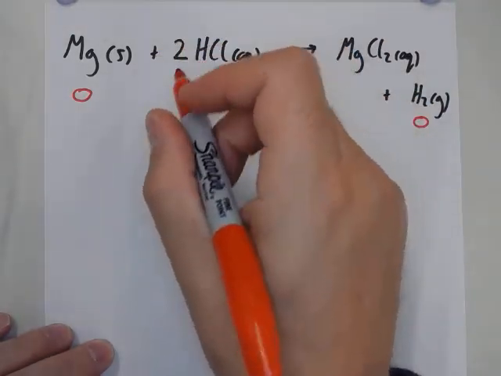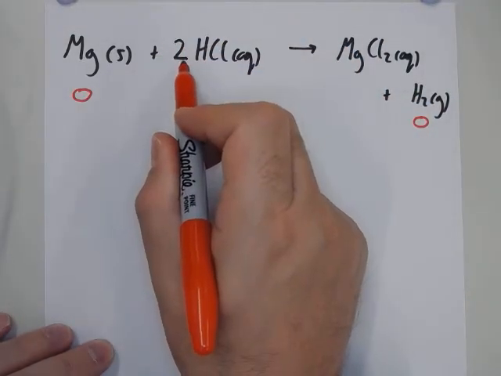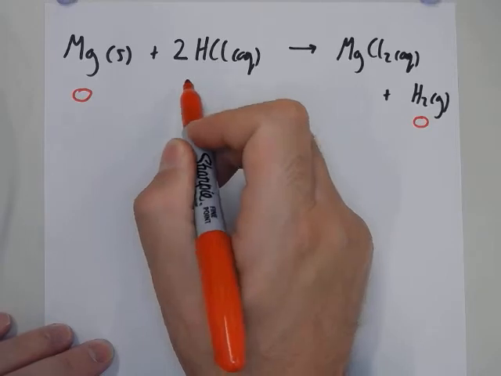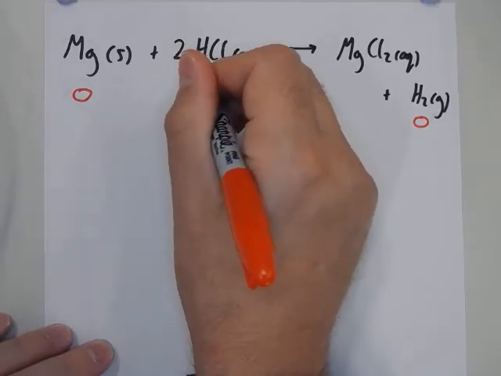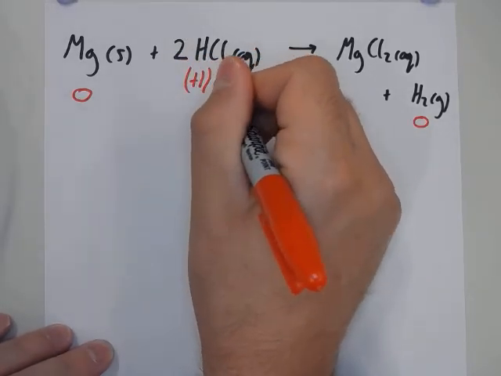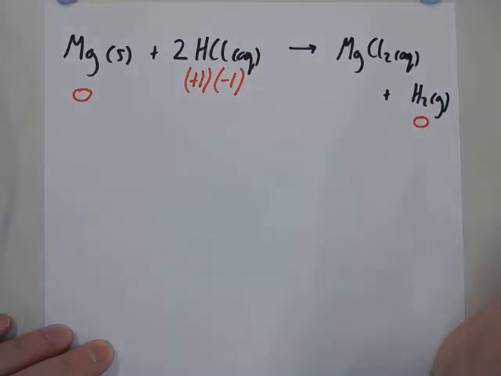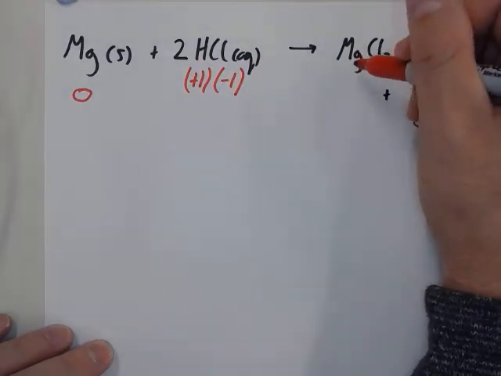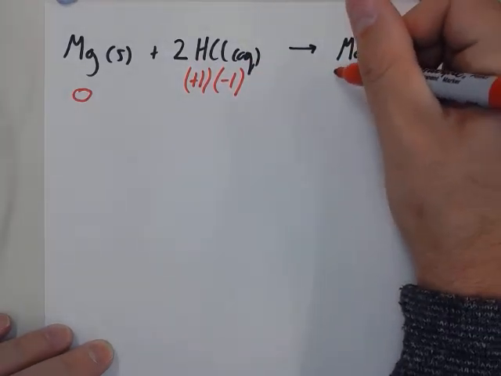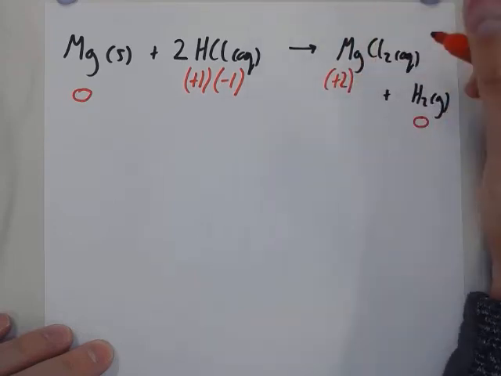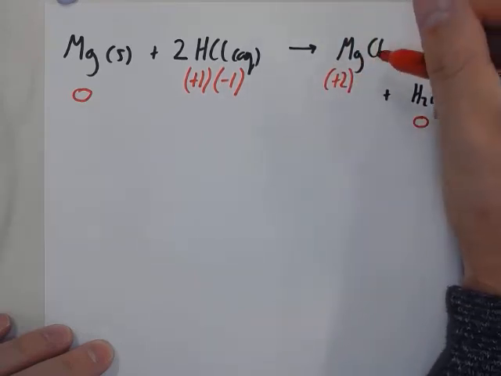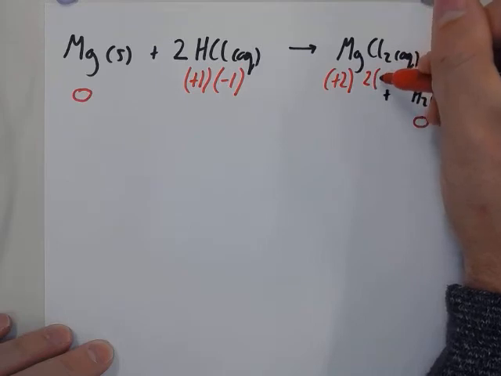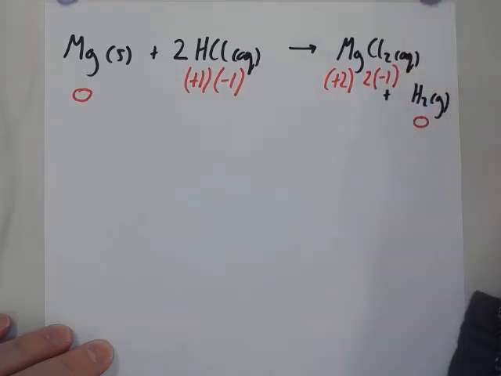Hydrogen over here, doesn't matter there's a big 2 here, this makes no difference. This just means there's 2 HCl. This is what's happening in each HCl that matters. The hydrogen is +1, the chlorine is -1. Okay. Group 2 element I should say in a compound is +2. And it's what each chlorine is here. Each chlorine is -1.